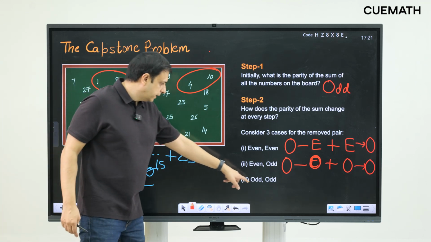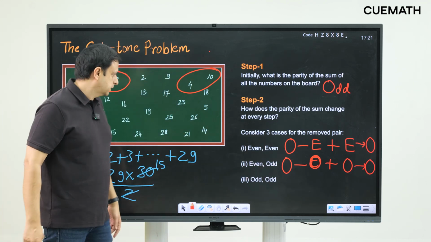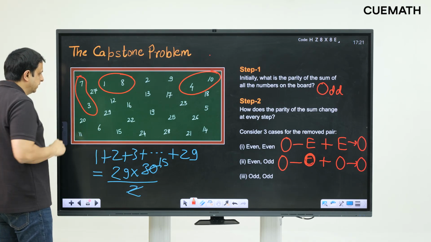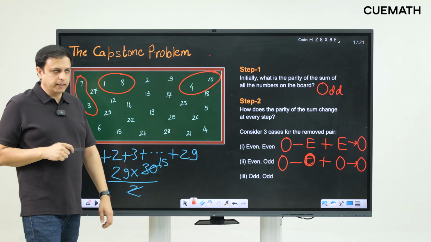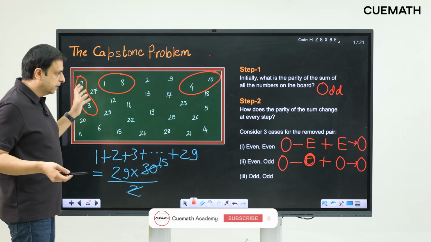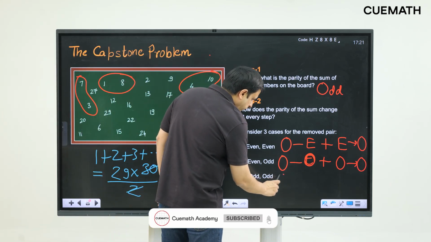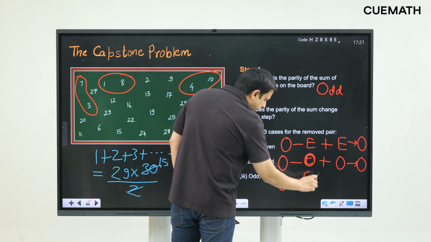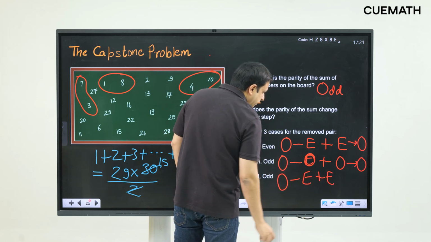And then what happens if you take out a pair of odd numbers? Let's say you take out 7 and 3. The sum is 10, which is even, and the difference is 4, which is even again. So from a number of odd parity, you subtract a number of even parity and then add back something of even parity.